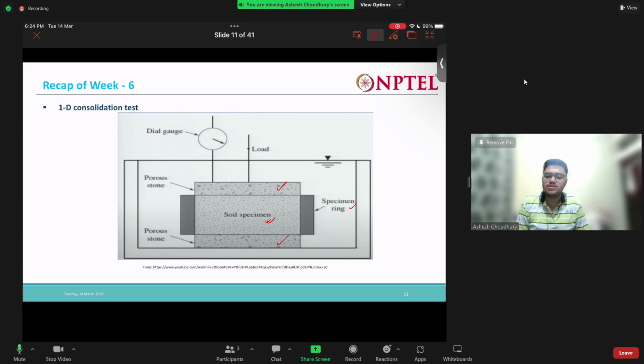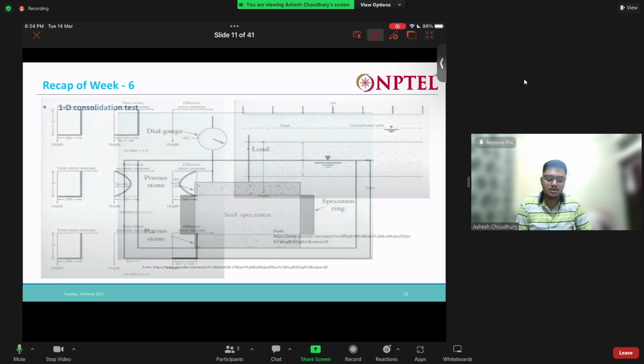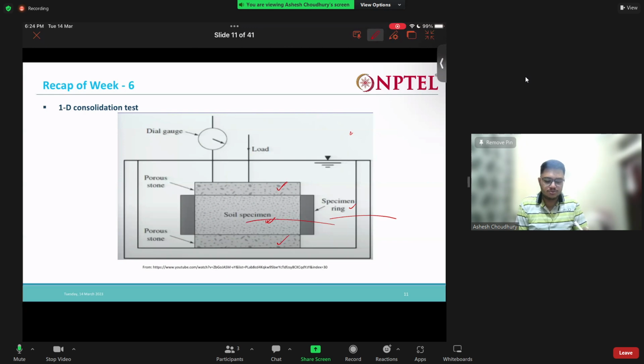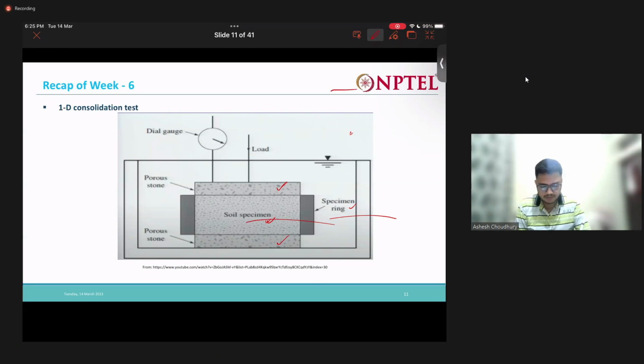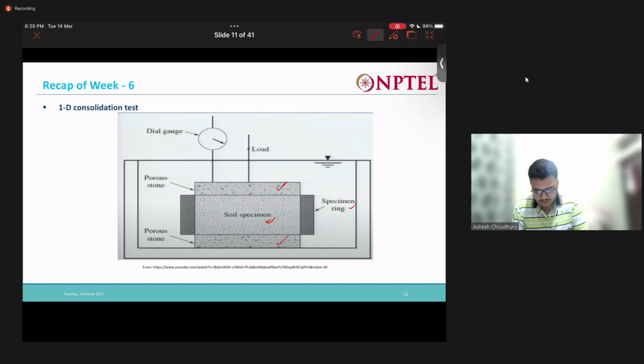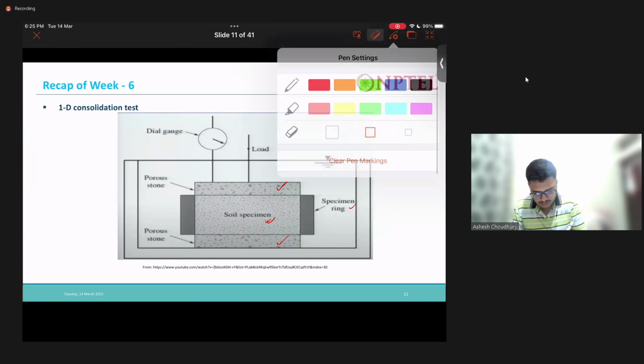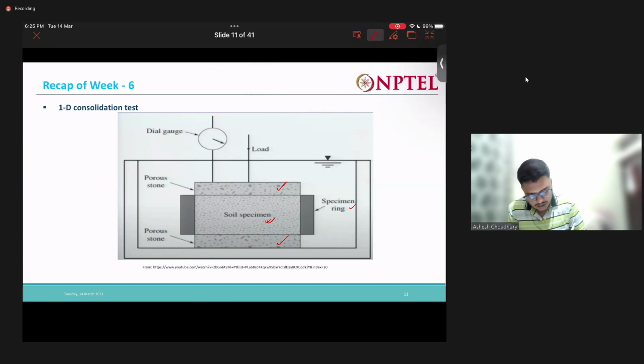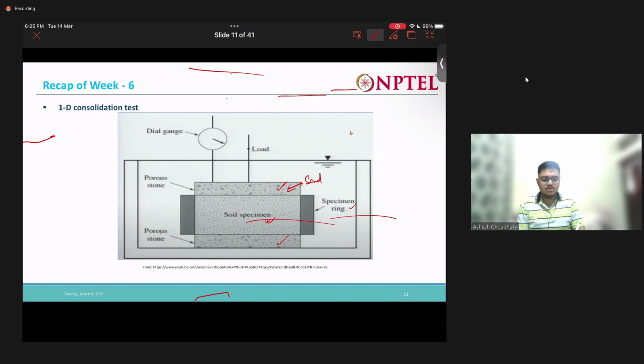You can relate the porous stones to the sand layers.